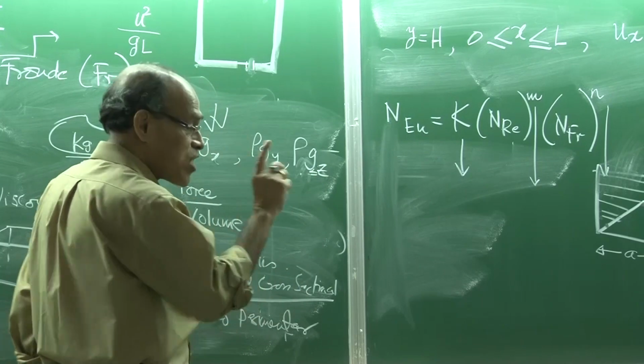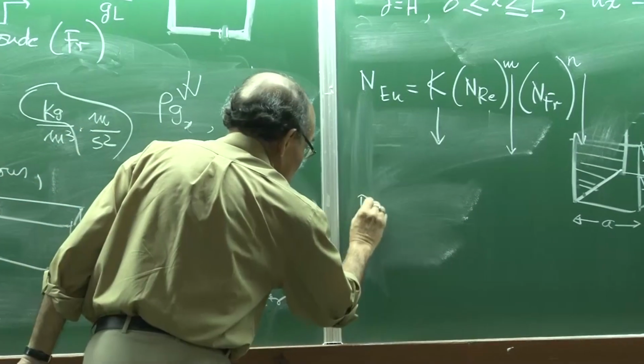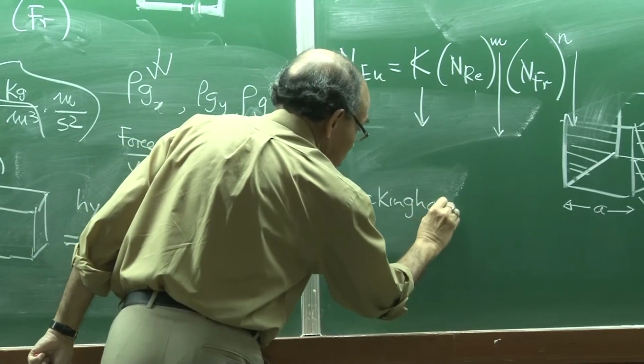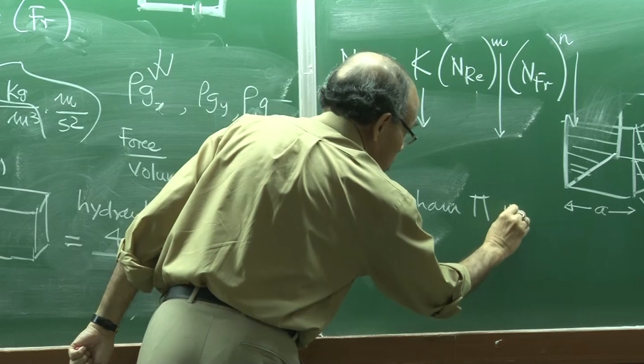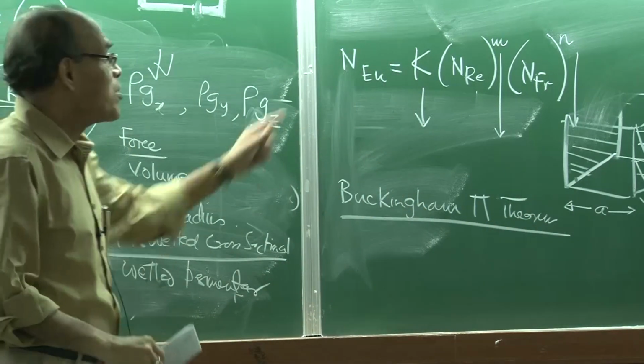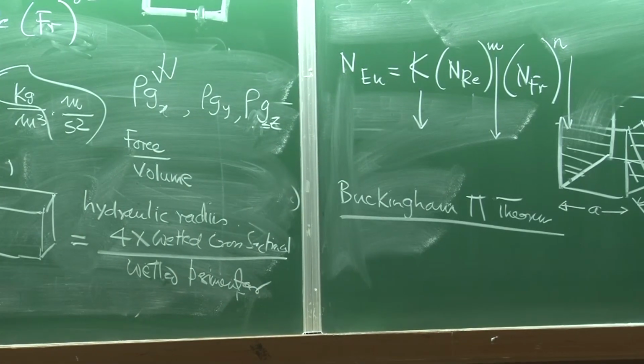In this context, the last point that I want to make before I disperse is that there is a theorem which we call the Buckingham Pi theorem, which is very important. This Buckingham Pi theorem is very important for us to know how many dimensionless groups a system can really express itself with.